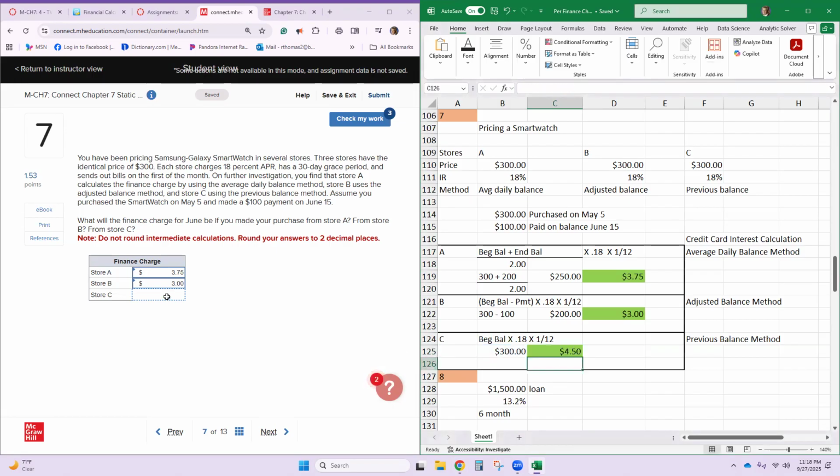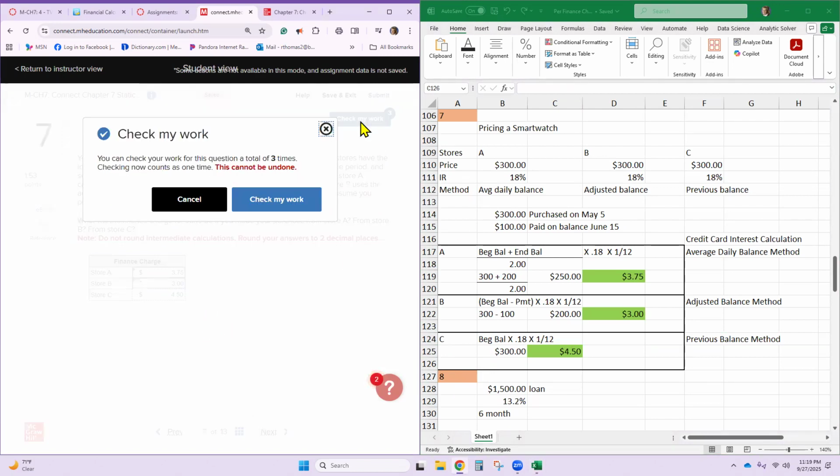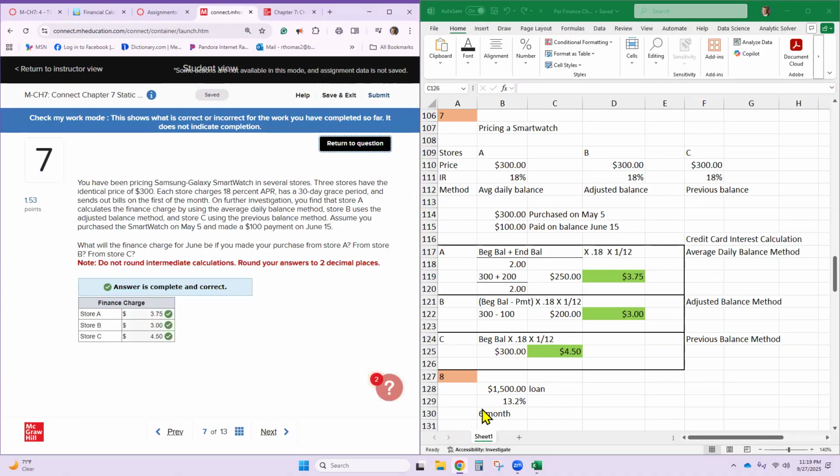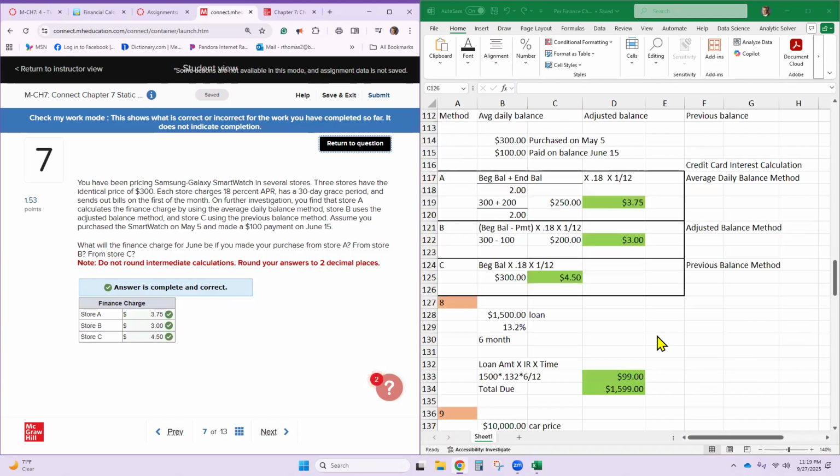So Store C has the calculation method that produces the largest amount of finance charge for these three stores. A lot of people don't understand what method a certain card that they might have uses to calculate it, but it would be good to know that. Okay, moving on.